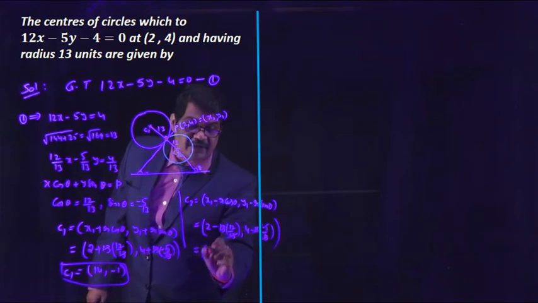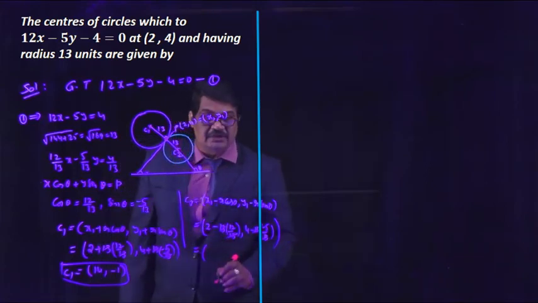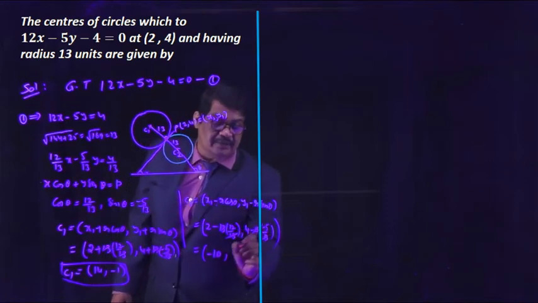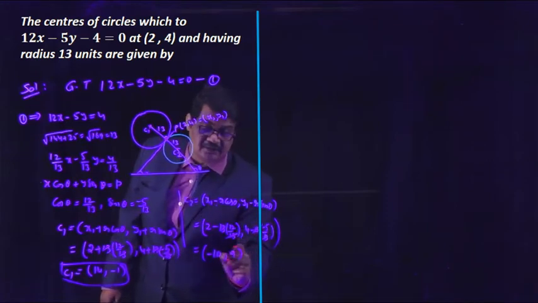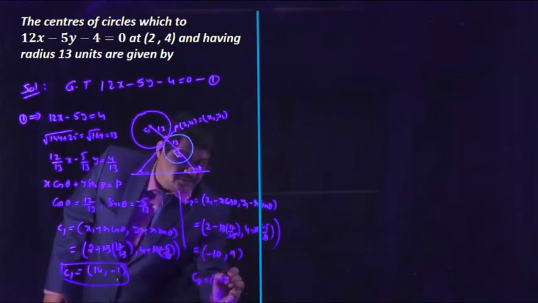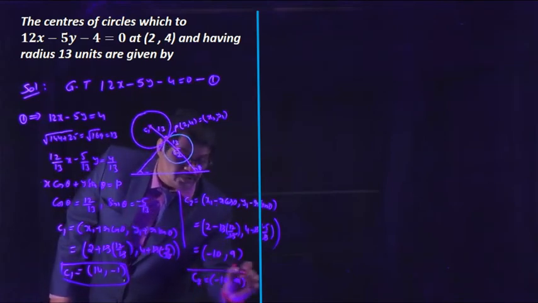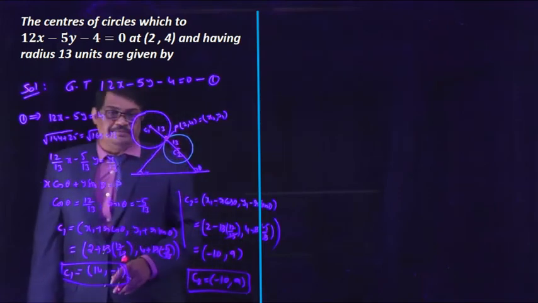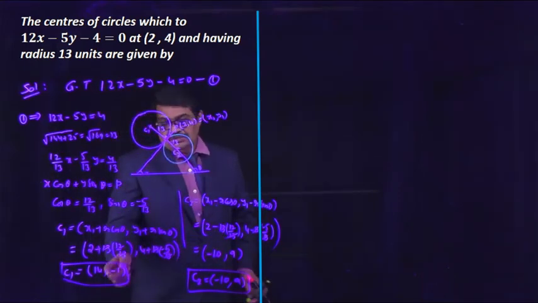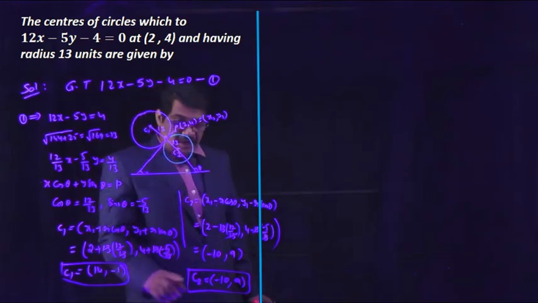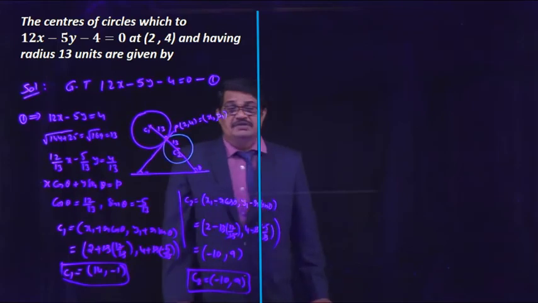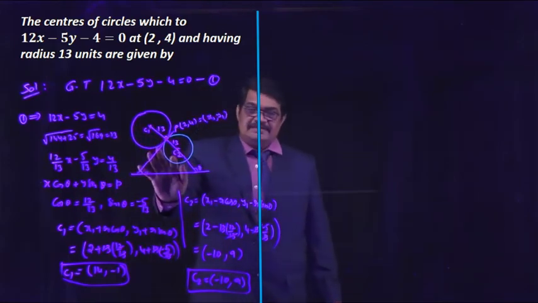Then we get 2 minus 12, that is minus 10, and 4 plus 5, that is 9. So C2 is (minus 10, 9). These are the centers of the required circles: (14, minus 1) and (minus 10, 9).